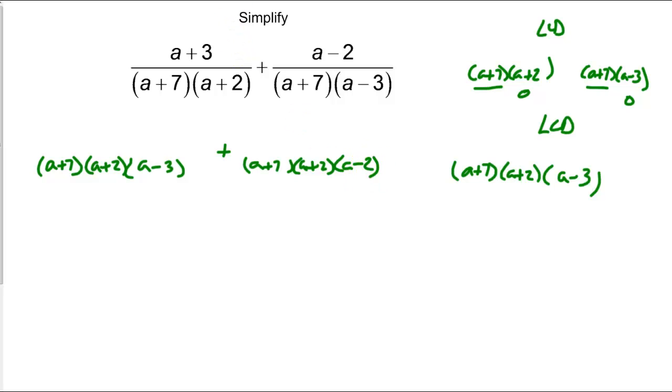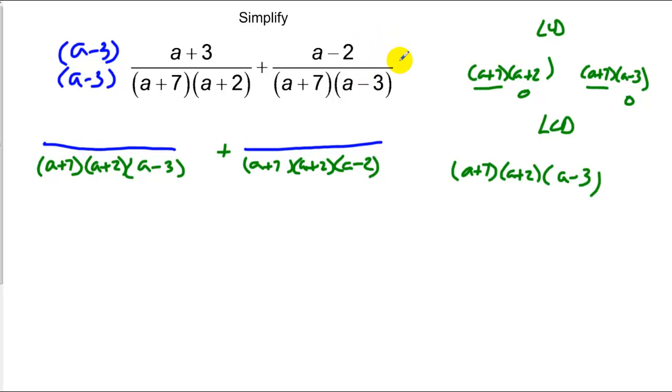And then I'll ask, what do I need to do in terms of multiplication to get from the first denominator to the second? This needs a multiplication of a minus 3. So whatever I do to the bottom, I must do to the top. And then likewise here, this needs an a plus 2.